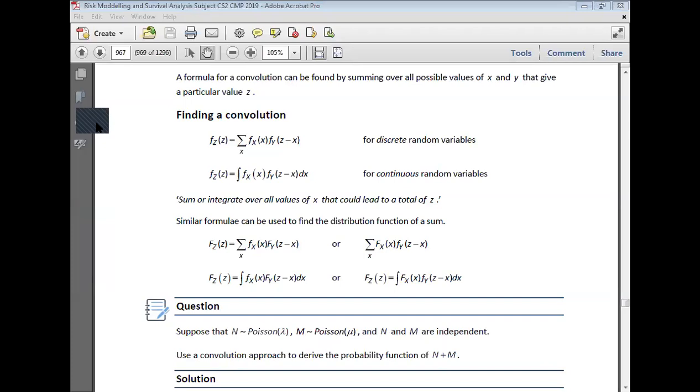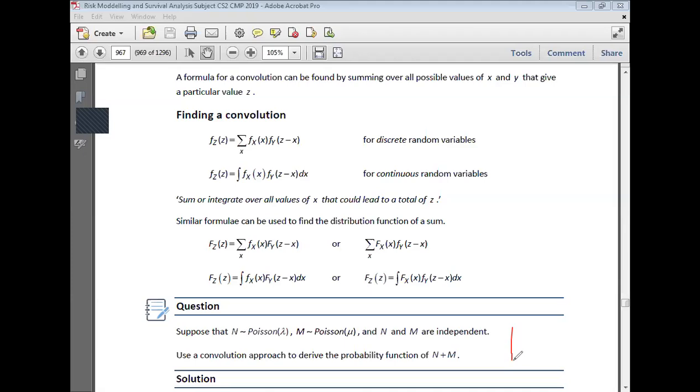I want you all to read this question and tell me what it says and how you think you should approach solving this particular question. And we can let N plus M equal some other variable and proceed with the MGF.